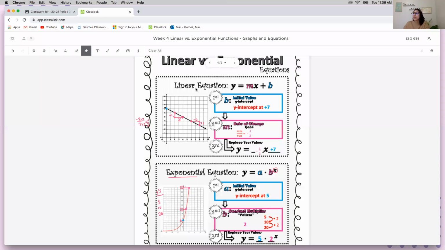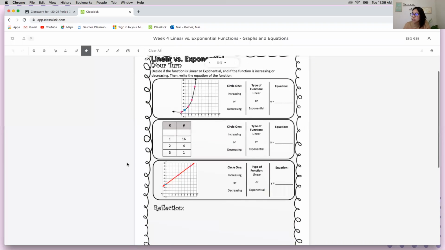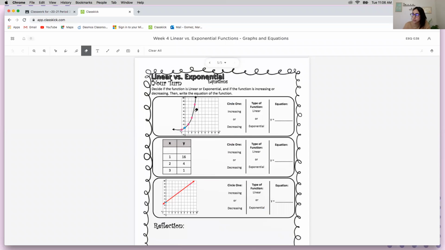Okay, here we go. So we're moving on to the your turn where you actually get to practice. Take a good look at this your turn here. We have 3 questions. First one is a graph, and the last one is a graph. In both of these graphs, we've been taking 2 steps, finding our y-intercept, finding our pattern or slope.